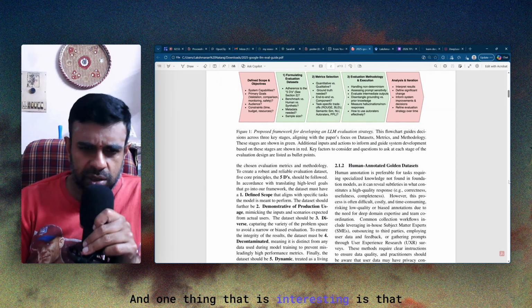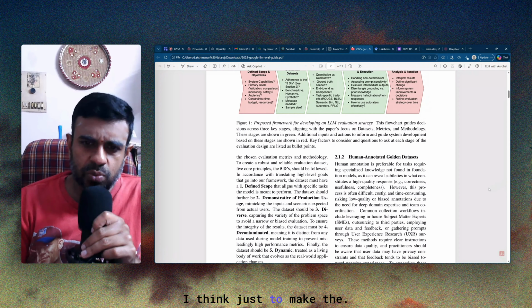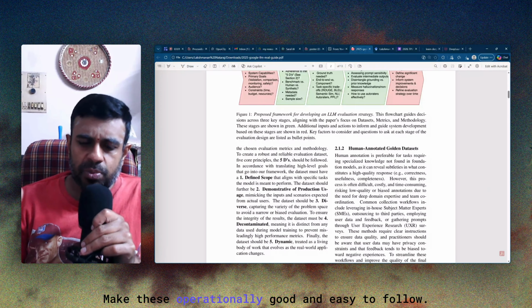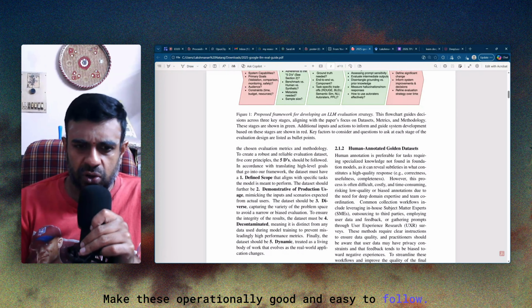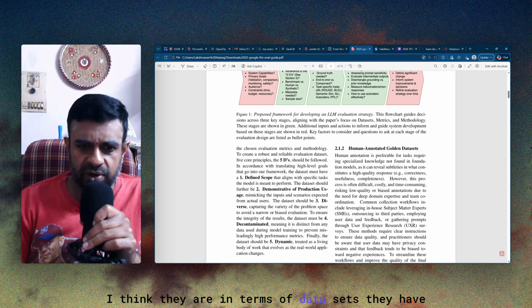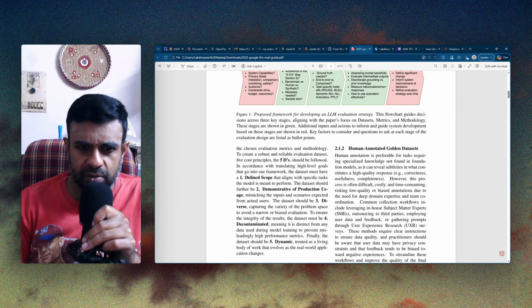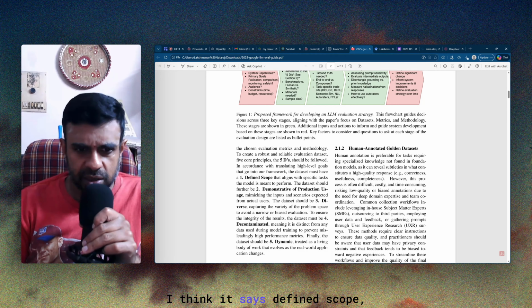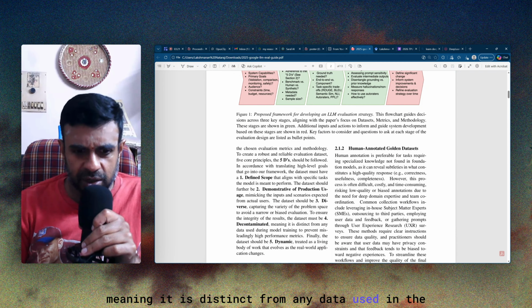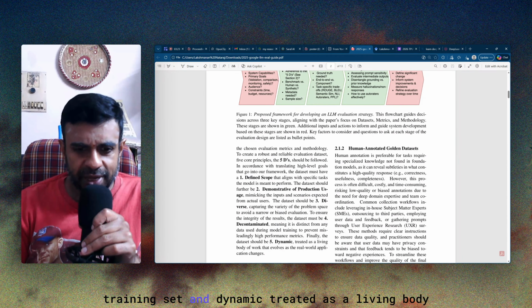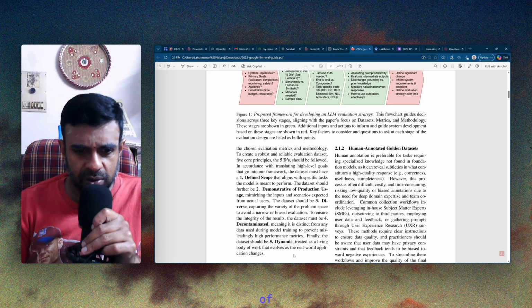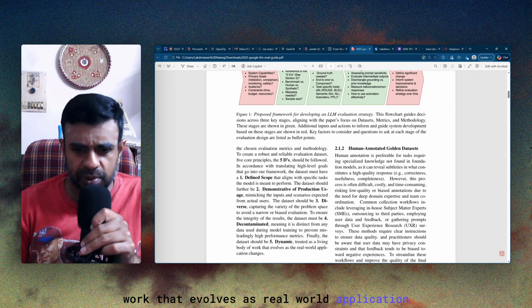And one thing that is interesting is that, just to make these operationally good and easy to follow, in terms of data sets, they have divided that into the 5 Ds. One is defined scope, demonstrative of production usage, diverse data sets, decontaminated, meaning it is distinct from any data used in the training set, and dynamic, treated as a living body of work that evolves as the real world application changes.